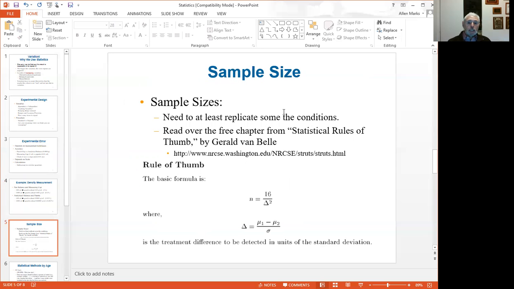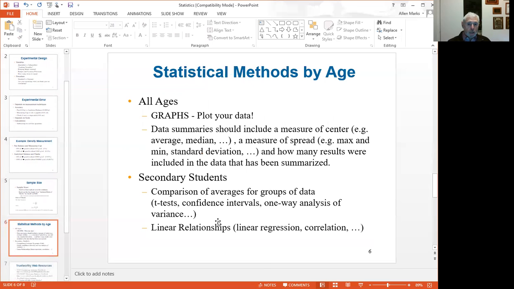Also, there's a statistical way of determining the sample size. And if you're relatively good in statistics, there's a rule of thumb that you can use that is dependent upon the standard deviation of the differences in your independent variable values.